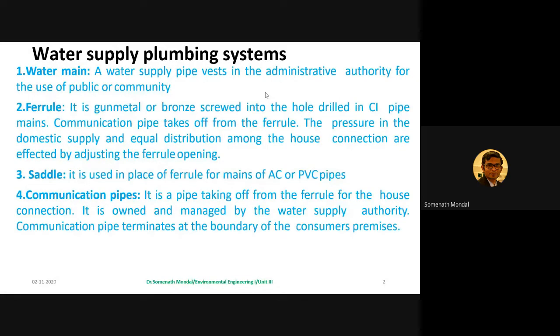So once it is within the boundary of a private premises, the maintenance and management from that point onwards within the house will be done by the individuals, not by the water supply authority. That is why the communication pipe gets terminated at the boundary of the consumer's property.